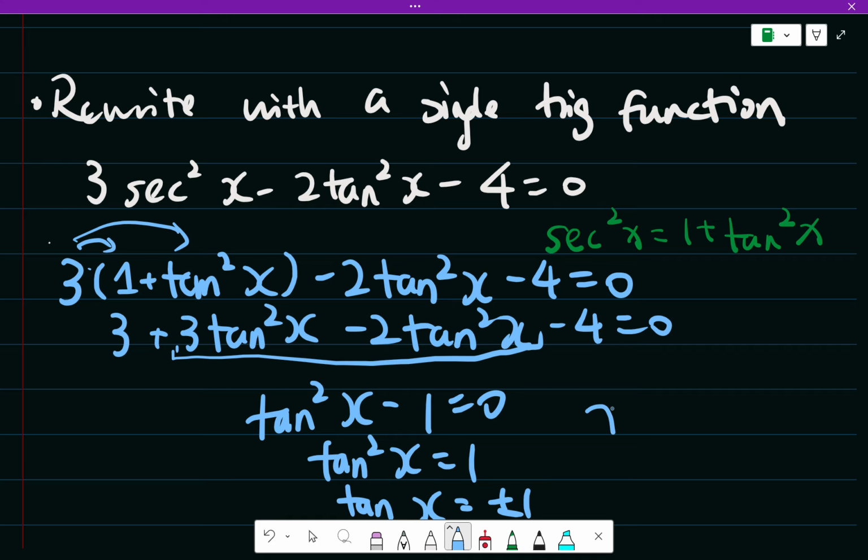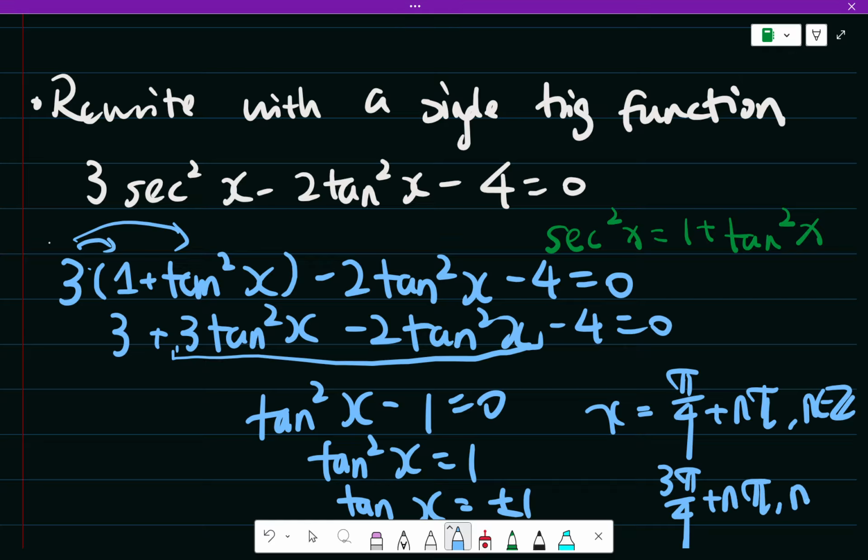So if we look at this, x would be equal to pi over 4 plus nπ, where n is an integer, or 3 pi over 4 plus nπ, where n is an integer.